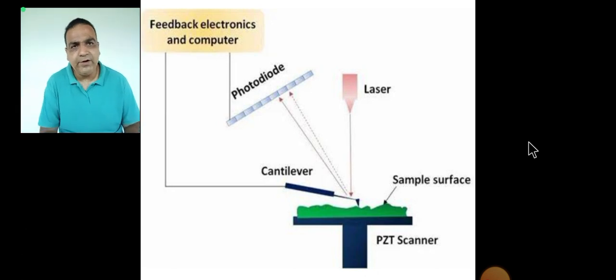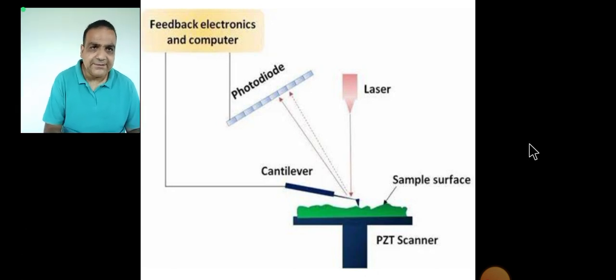So here in this video, I'll be talking about the atomic force microscope. And this atomic force microscope, it's a powerful imaging instrument that allows us to study the surface morphology, topography, and the mechanical properties of a wide range of materials at bulk scale as well as at the nanoscale.